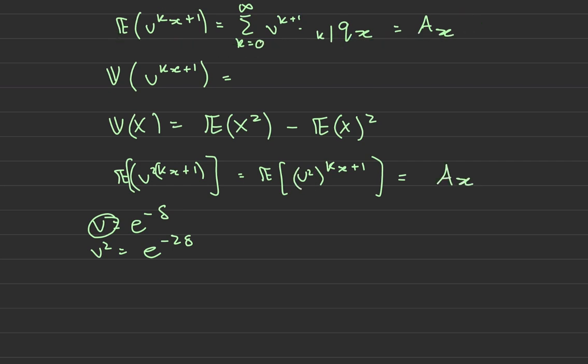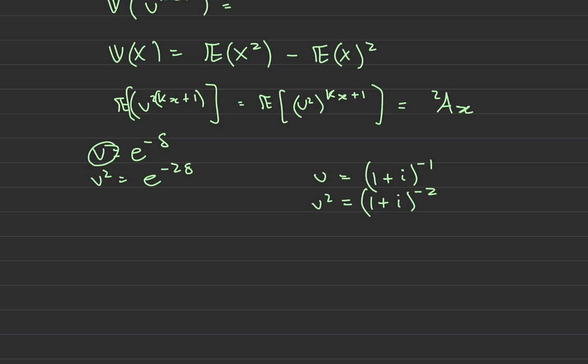So I'm going to label that A_x with a superscript 2 on the left-hand side. And this just represents double the force of interest. Or, since v is equal to (1 plus i) to the negative 1, v squared is equal to (1 plus i) to the negative 2.